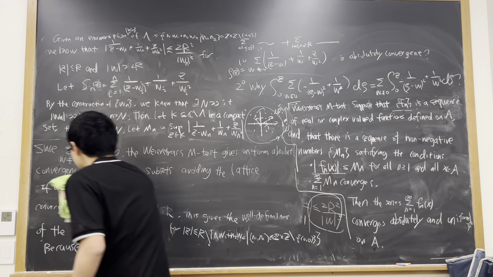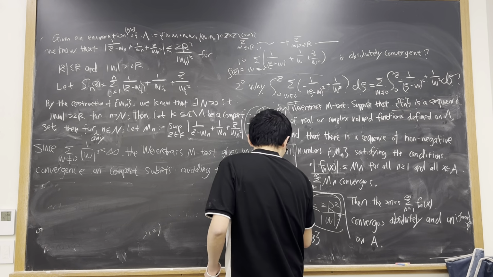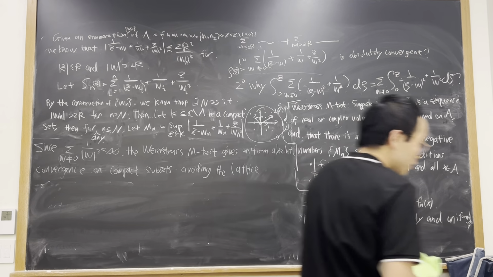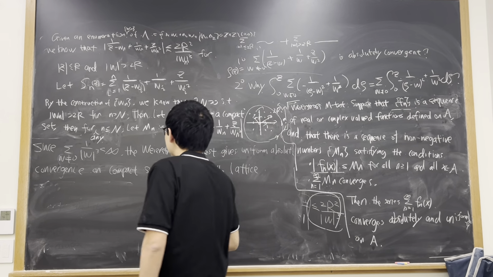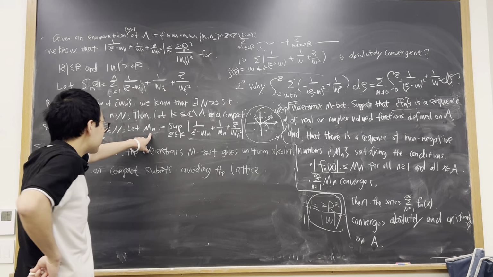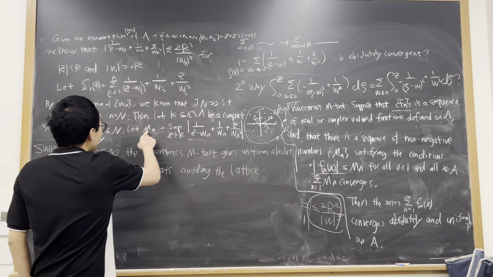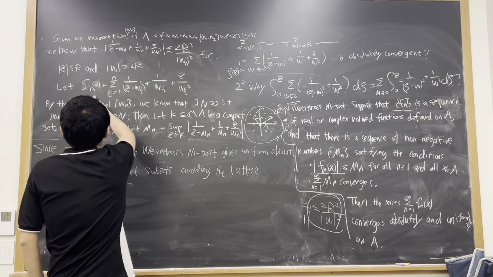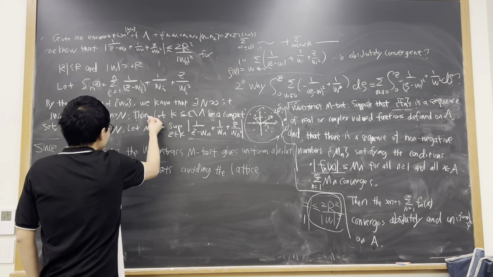Let me just erase this part. I want to keep this one. Oh sorry, this is not Mn. Mn should be the bound for this partial sum, right? So this is just the upper bound for each summand.